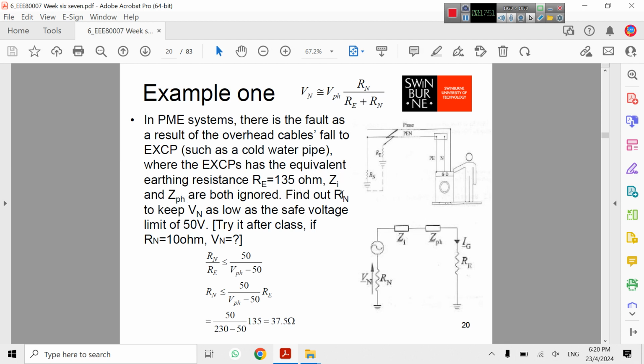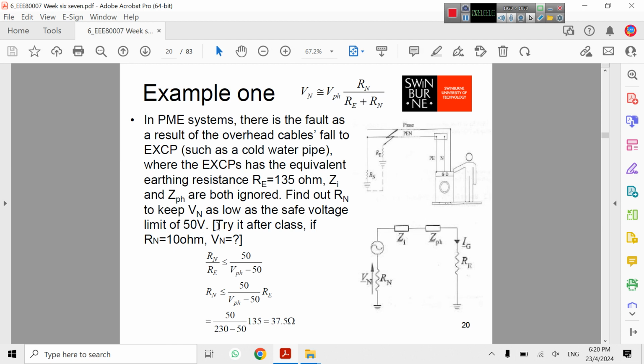Find Rn to keep Vn below the safe voltage, here mentioned as 50. So Rn over Re should be less than 50, and the V phase is also given. If you calculate, you can find out that Rn should be 37.5 ohm.